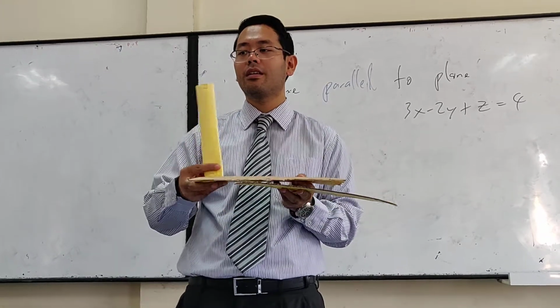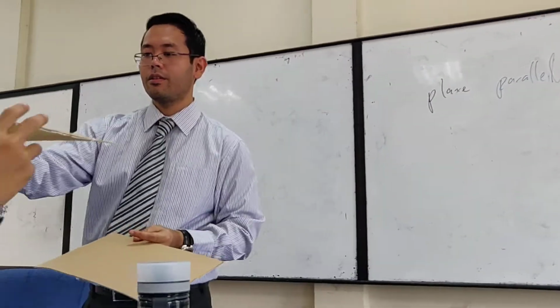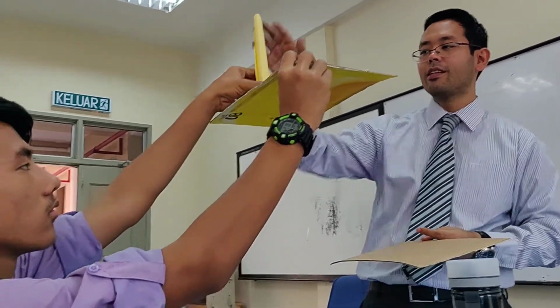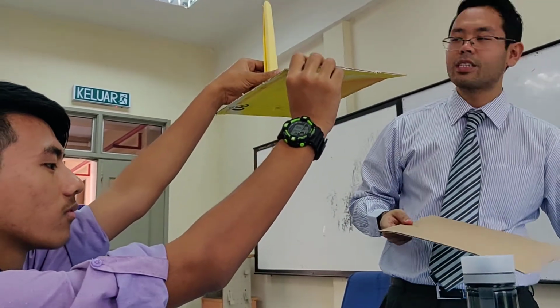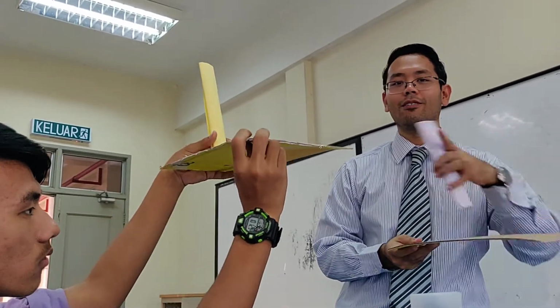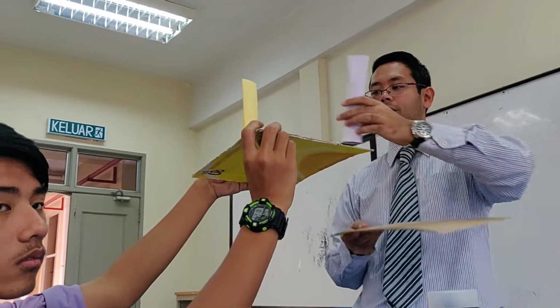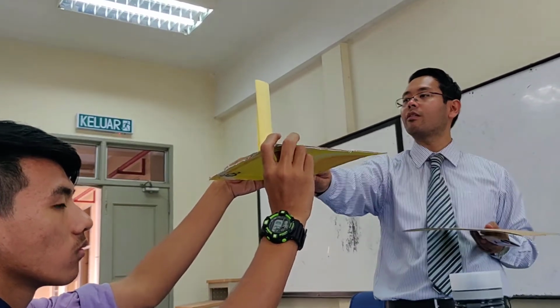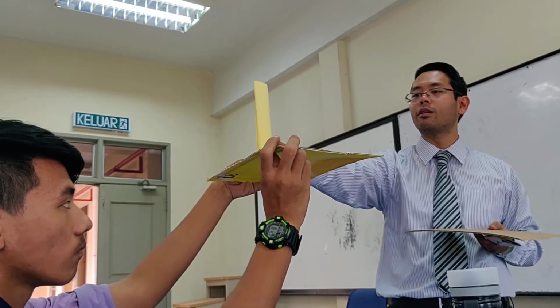They share? Good. This plane's normal is the same as this plane's normal. Are you okay? You see both of us? So they share the same normal. Right, this plane, what is the normal right now? What's the value of this normal?